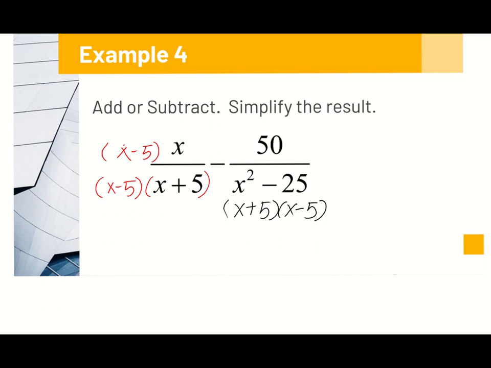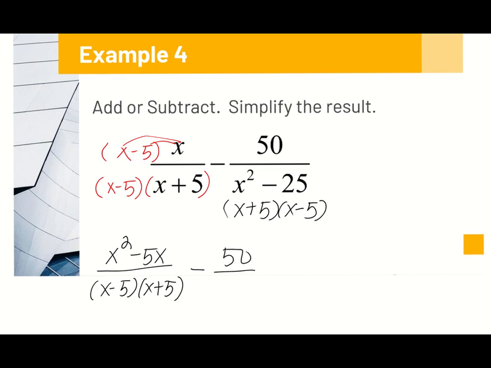So then I'm going to end up having to distribute on top. And when I do that, I'm left with x squared minus 5x over x minus 5, x plus 5. And then I'm going to subtract that with 50 over x plus 5, x minus 5. So I didn't multiply that one by anything, so I just leave it as it is. From here, I want to subtract.